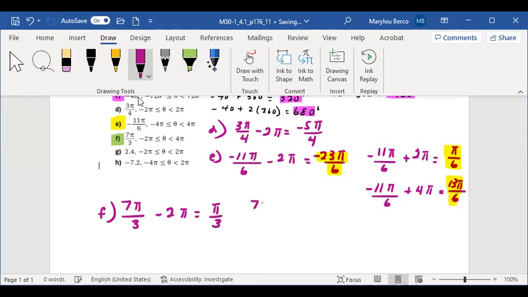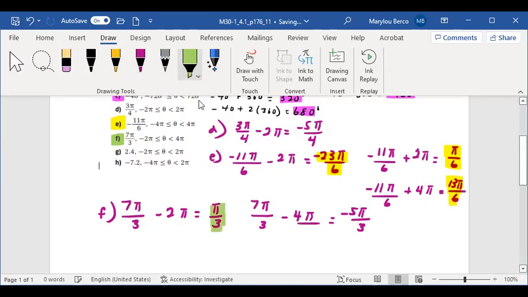We also have the possibility of 7 pi over 3 minus 4 pi, which is equal to negative 5 pi over 3. So in the domain where theta is between negative 2 pi and positive 4 pi, the angles pi over 3 and negative 5 pi over 3 are coterminal with 7 pi over 3.